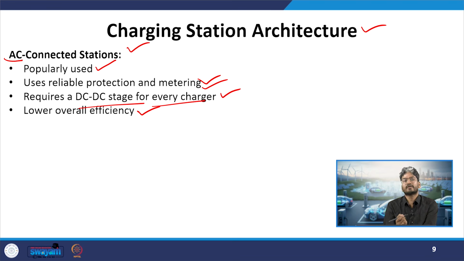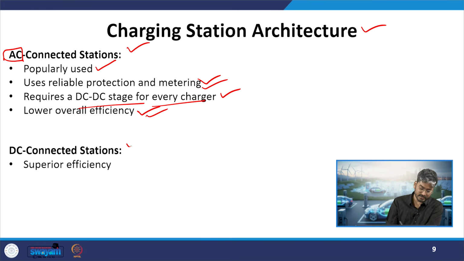So, the stages of conversion increase when I go for AC type of connections. That is why the efficiency will be less compared to the next solution where we will have DC connections. When I have AC connections and my load is variable DC, I have to convert AC into a fixed DC, then from this fixed DC to a variable DC. As the number of stages of conversion is higher, we will be losing some power at every stage, so our overall efficiency will decrease.